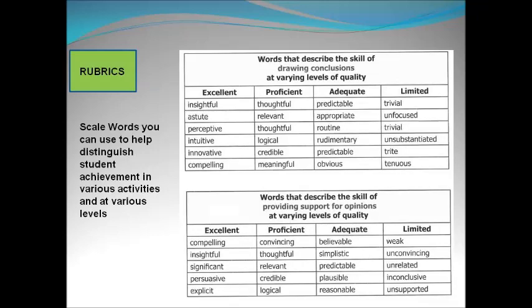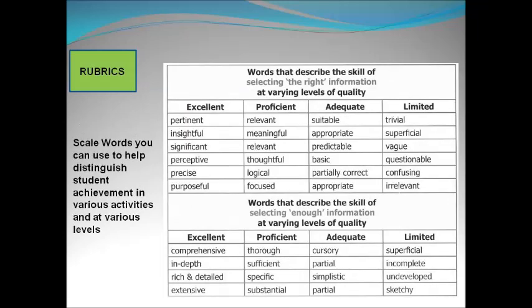Okay? Other ones for drawing conclusions, providing support for opinions. Okay, so just have a look at these sorts of words when you're making your rubrics, and hopefully that will help you make more clear distinctions between levels of accomplishment in your own students' work.